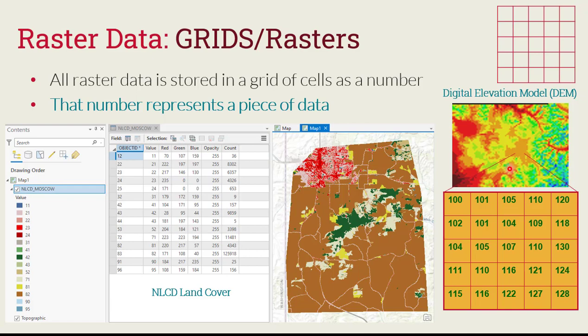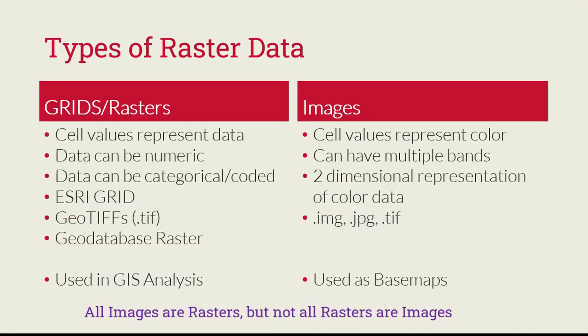The only way to know the unit of the number inside of the cell is to go back to the source material for the data set. You go back to the metadata, to the people who created the data, the web page, or the person you got the data from. In order to best use that data, you have to go back to the ancillary information that's provided with it.